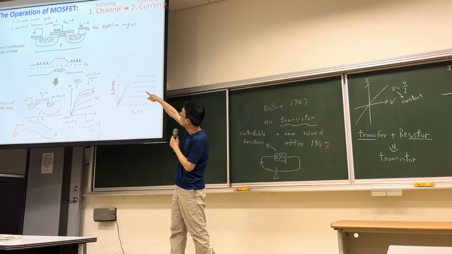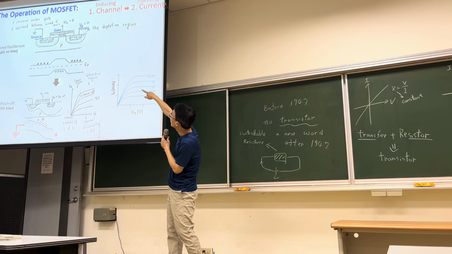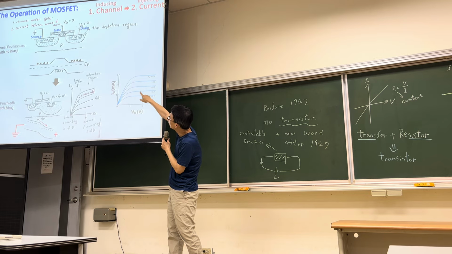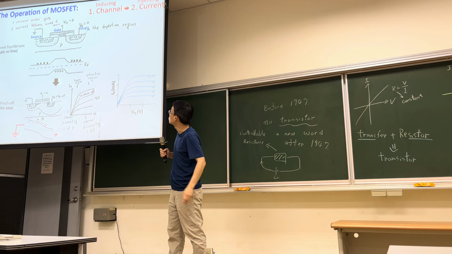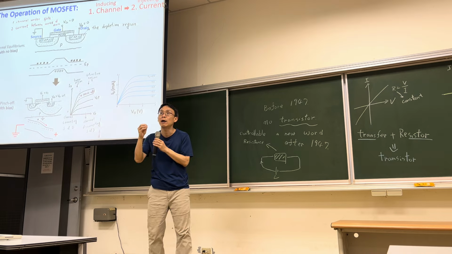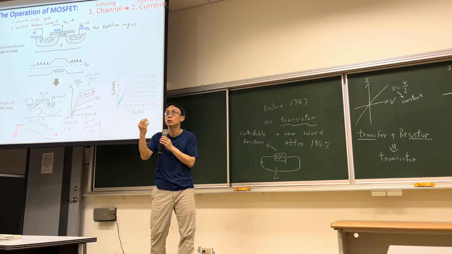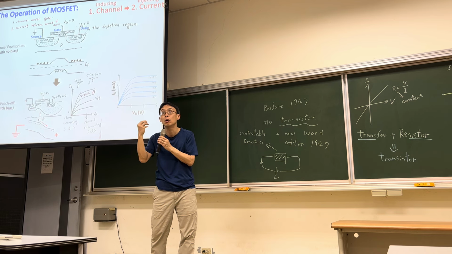So you can see on the top, you have a P-type substrate, and the source and the drain are connected to the N plus region. Between the N plus regions, you have a P-type, which is showing no channel.